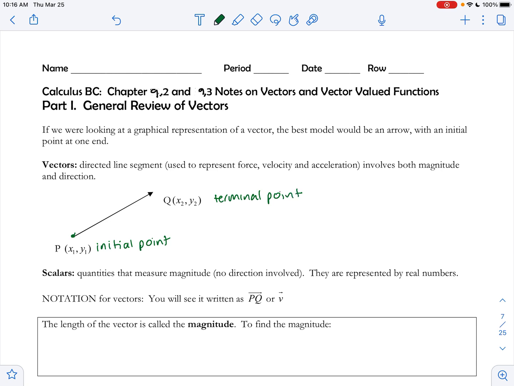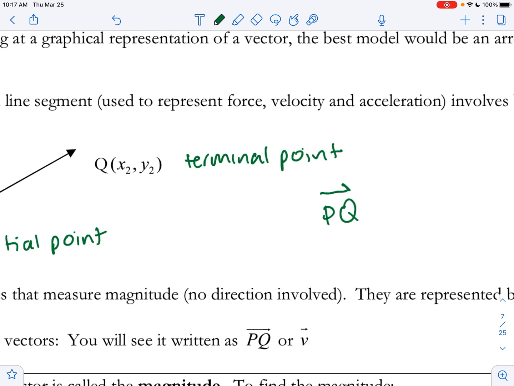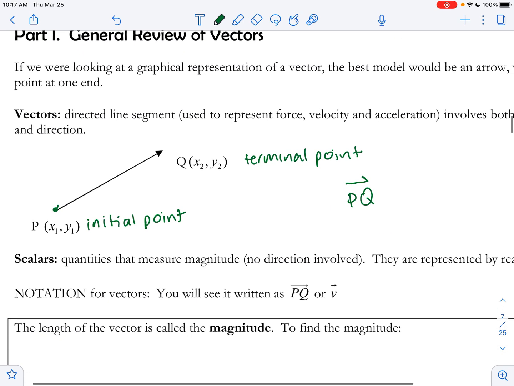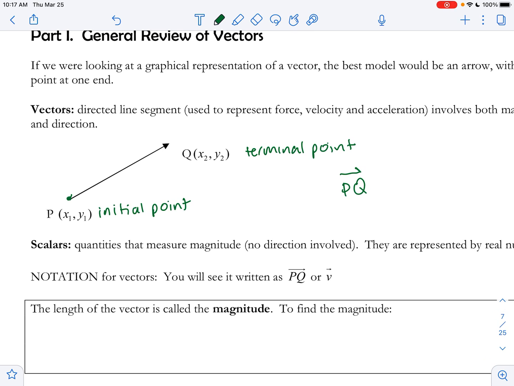The notation for vectors is usually represented in textbooks as PQ with an arrow or half of an arrow on top of it. Let me zoom in so you can see. You would only draw a part of the arrow tip as the notation. So initial point first, terminal point after, with that arrow notation above it.